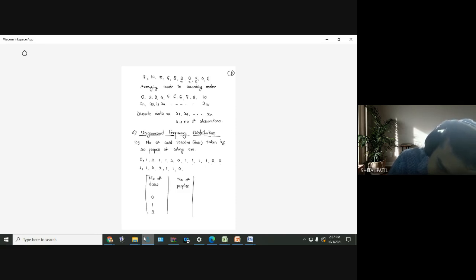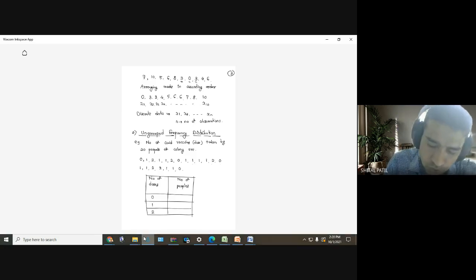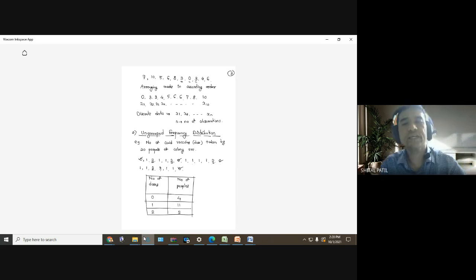And no doubt, number of people who took no dose: 1, 2, 3, 4. Okay, number of people who took 2 doses: 1, 2, 3, 4, 5. And the remaining 11 people, they might have taken the single dose.